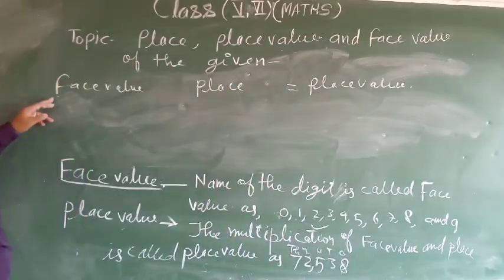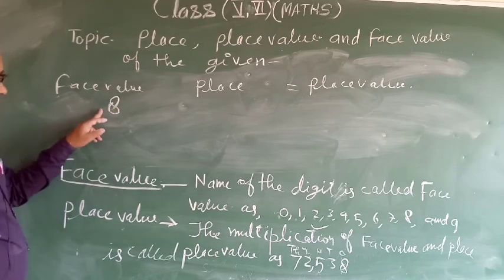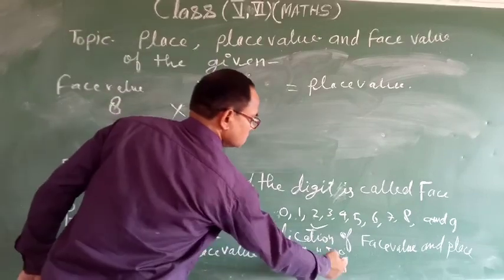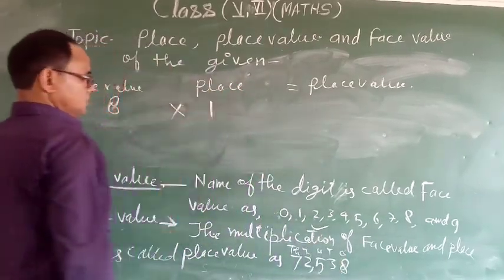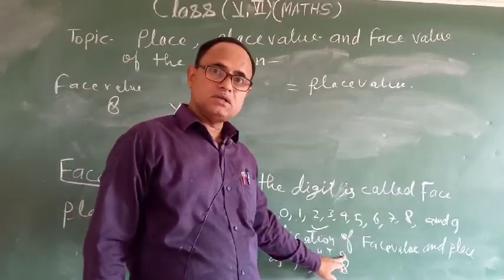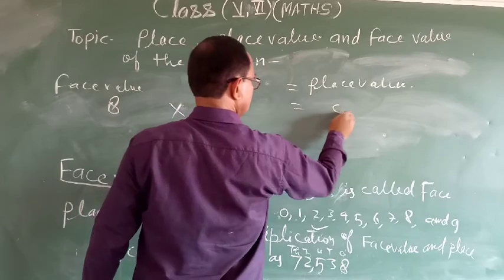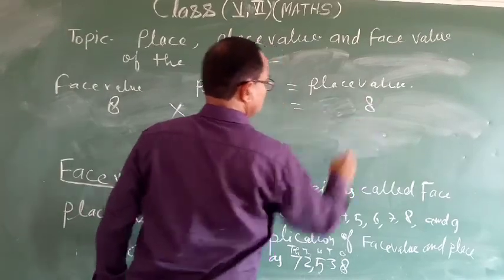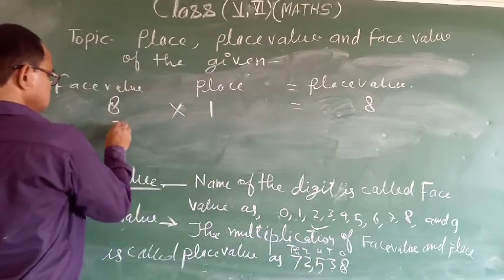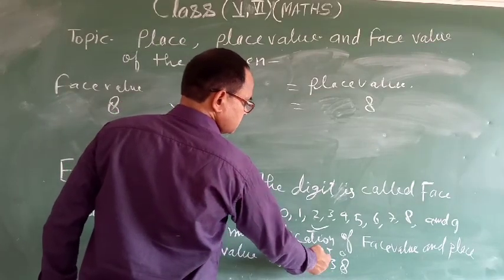Okay, face value of 8, place value 1. Here place, which place? 8 is in the ones place. Then place into face value is equal to place value. And 3 is the face and it's on the tens place.